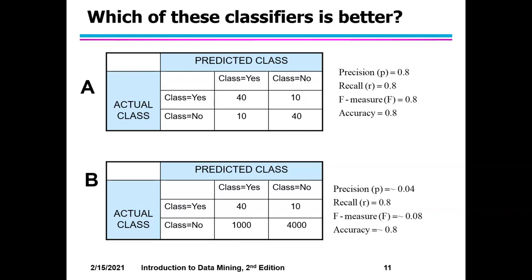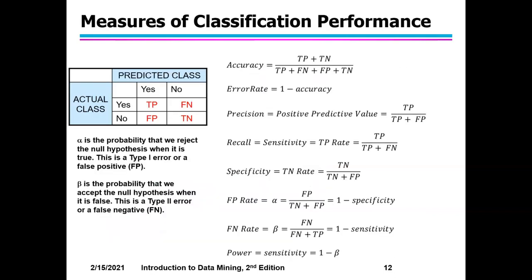It depends on the precision value, recall value, F measure, and the accuracy of these two different models, and then we see which is better. Accuracy-wise it is equal, with respect to F measure the first one is 0.8, another is 0.08. Recall is the same, and precision-wise, the upper model A is better with respect to model B.